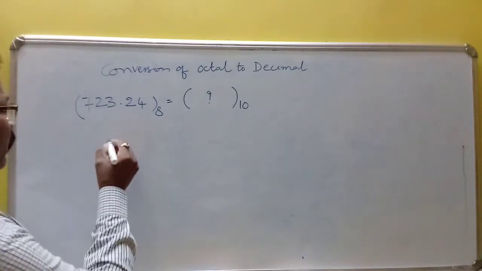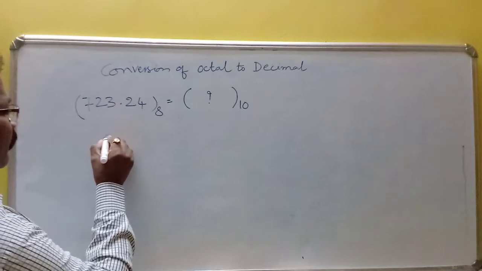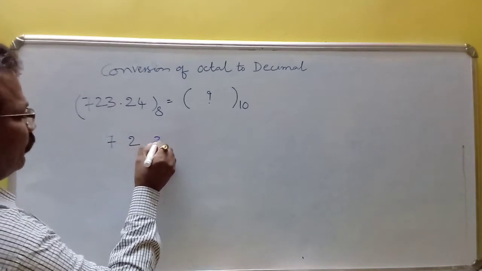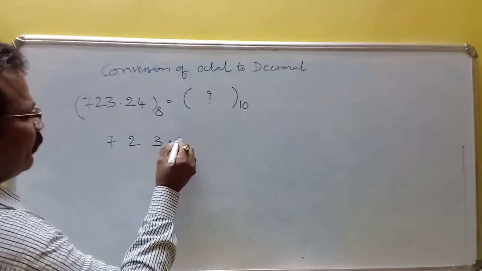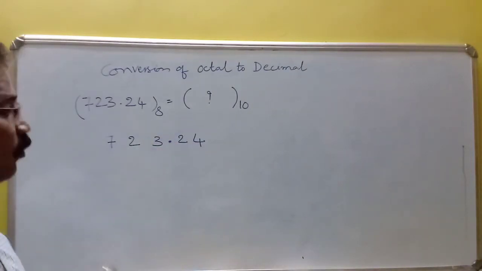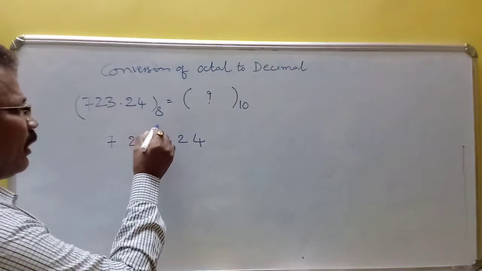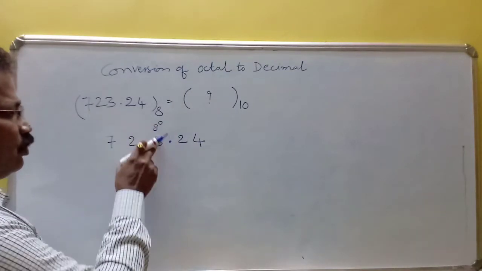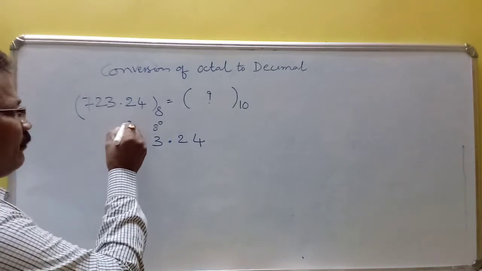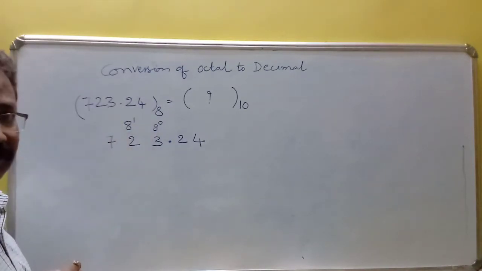Now we have to take this number 723.24. Here what is the positional weight? 8 to the power of 0, the 0th position, and its base is 8. And its positional weight is 8 to the power of 1.